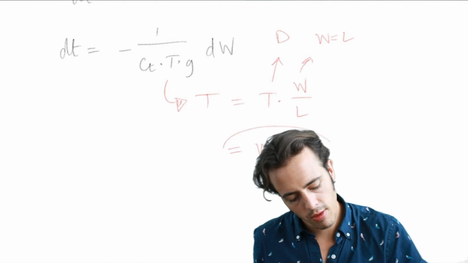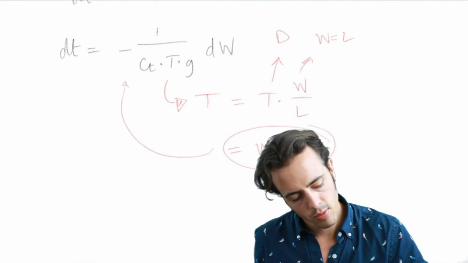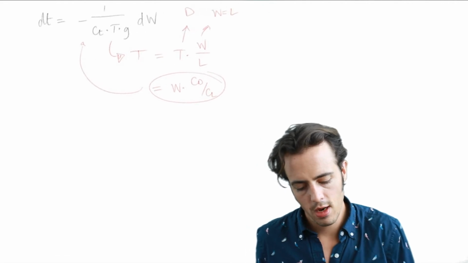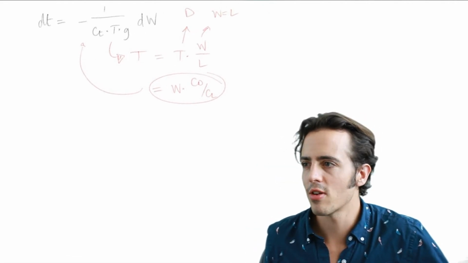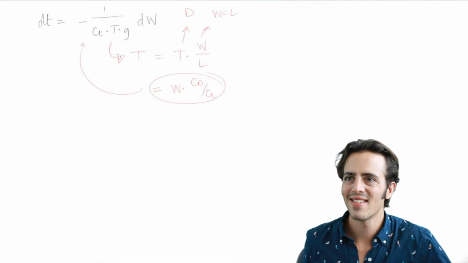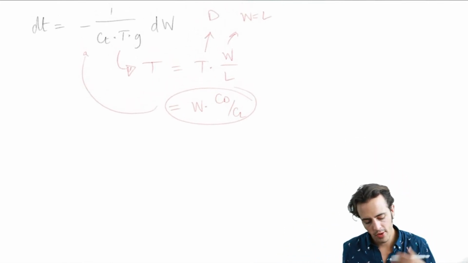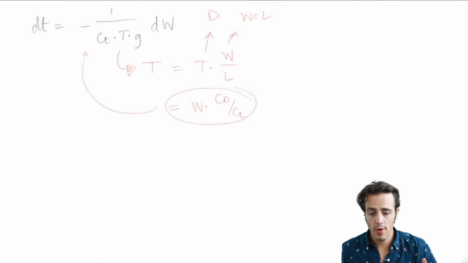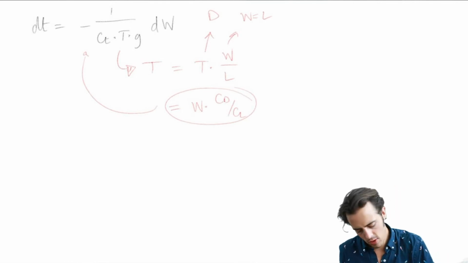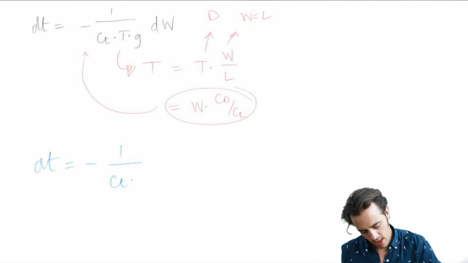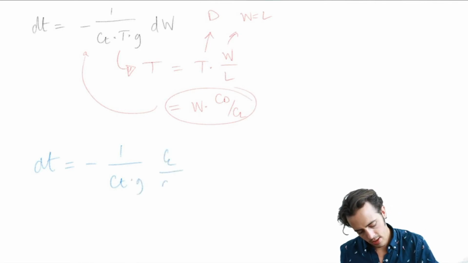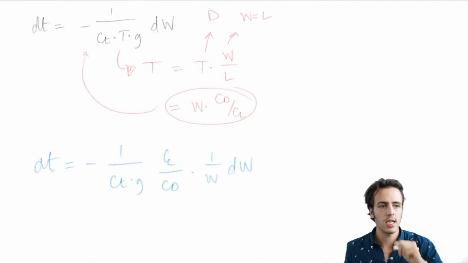So if we substitute this into the expression above, we can substitute the weight multiplied by 1 over the lift to drag ratio into the equation where thrust was before, and we end up with dt is equal to minus 1 over CT multiplied by g CL on CD multiplied by 1 over the weight dW.